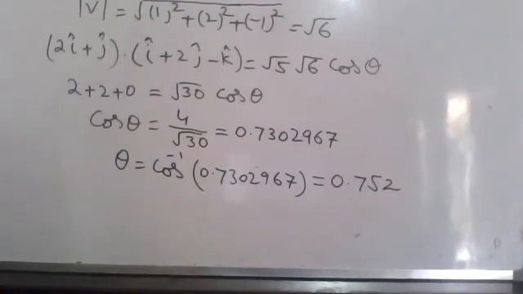Now question number 13. Find the measure of the angle between the diagonals of the rectangle whose vertices are A, B, C, D. So you must write A, B, C, D in order.